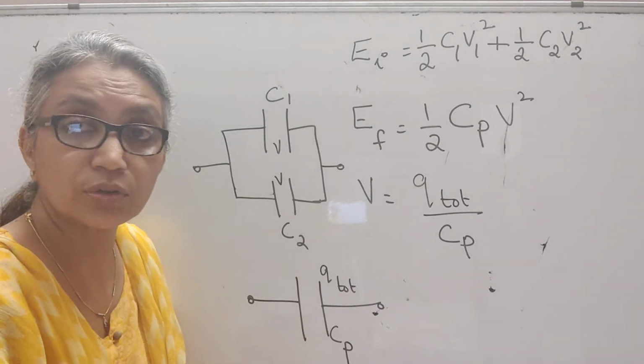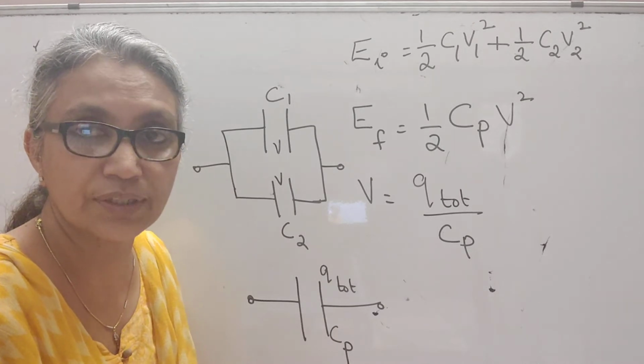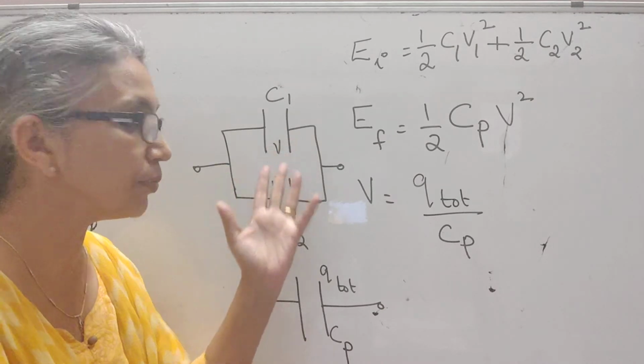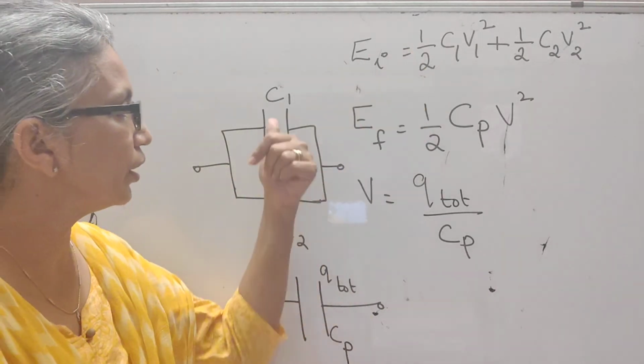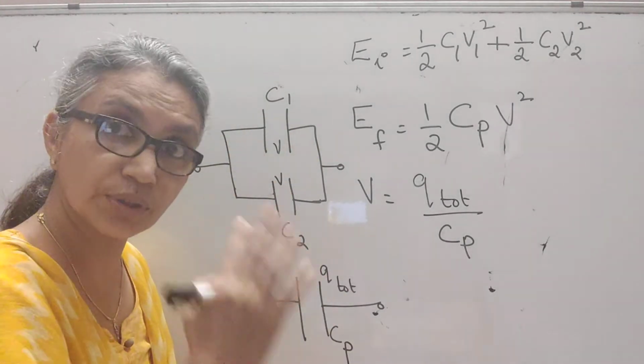Now when I taught you the first chapter, we learned something called conservation of charges, where we said you can't create or destroy charges. It can be transferred from one body to another body, that's all. So here the initial charge was Q1 and this had a charge Q2 initially.